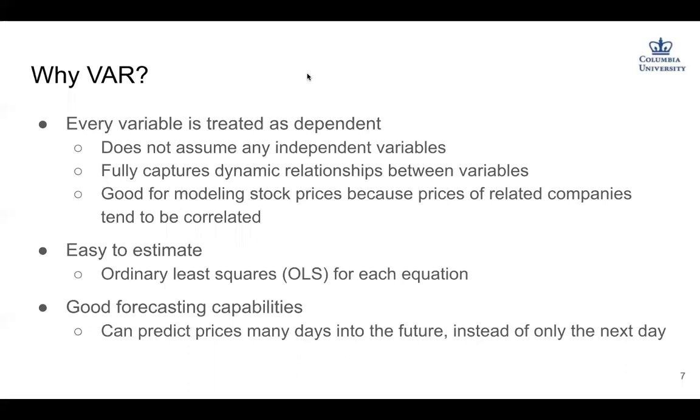This is good for modeling stock prices because the prices of related companies tend to be correlated. And when the price of company A changes, that might lead to a change in the price of company B, which could lead to another change in the price of company A. And this type of dependency relationship is captured very well by VAR models, but not very well by other regression models, such as linear regression.